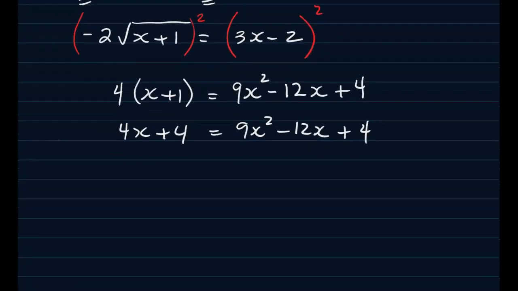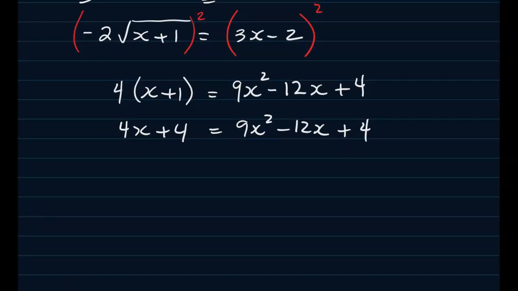Then we bring everything to one side, and this becomes 9x squared. Subtract 4x from both sides, so we get minus 16x, and subtract 4 from both sides, and 4 minus 4 is 0. So this is our equation.